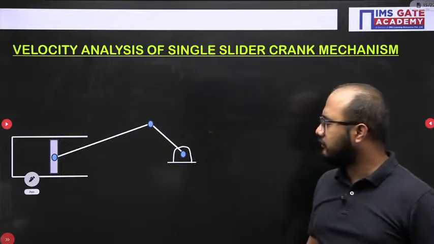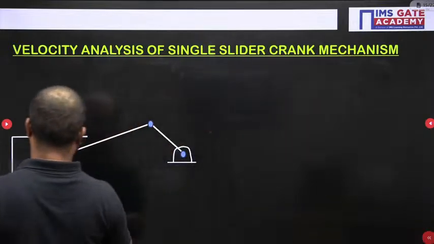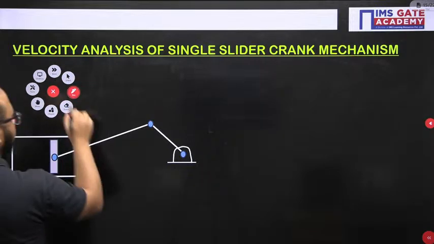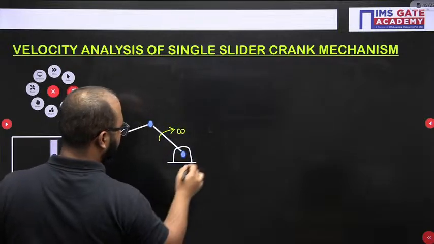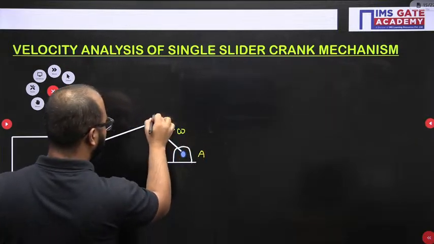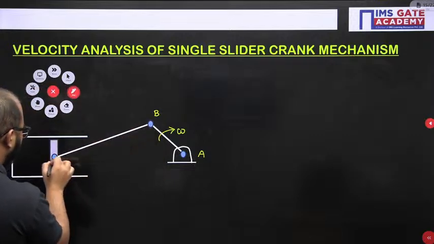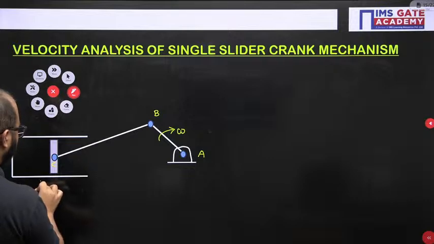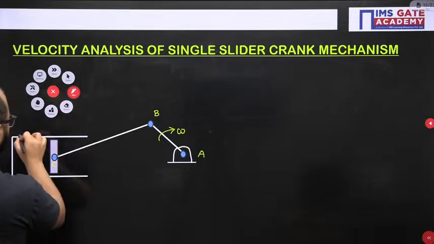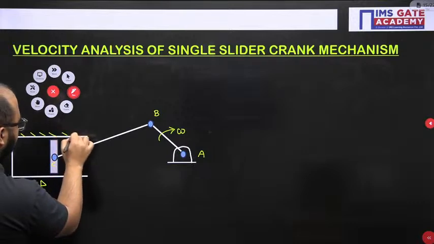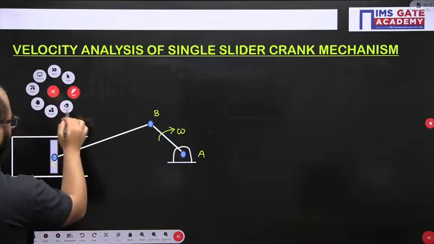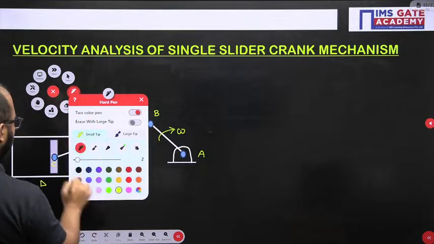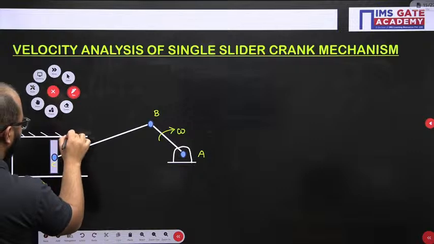Okay, so let us draw the velocity diagram here for this one also. Let us first consider this omega. This is point A, this is point B, this point is C, and this is D. The cylinder is fixed.